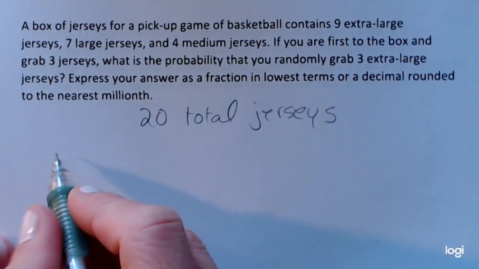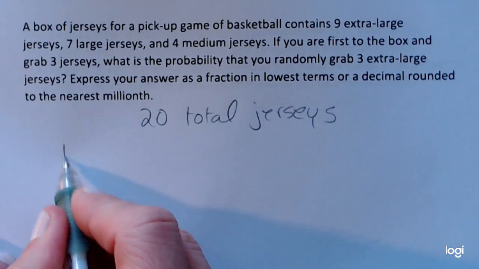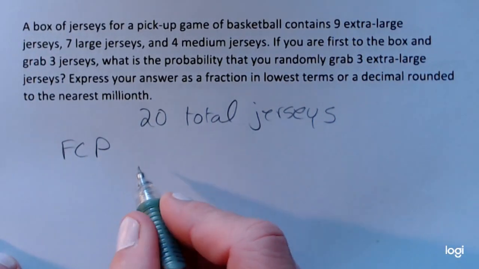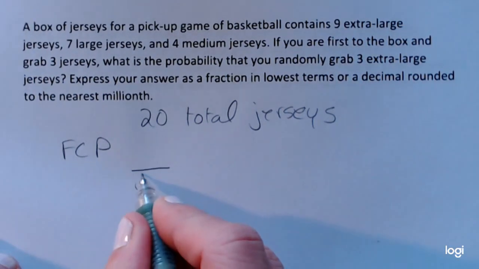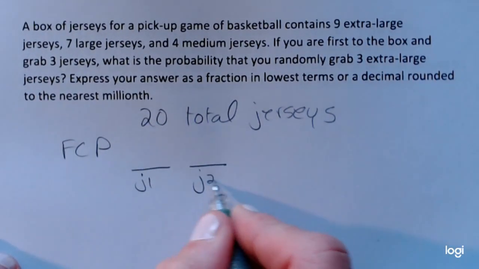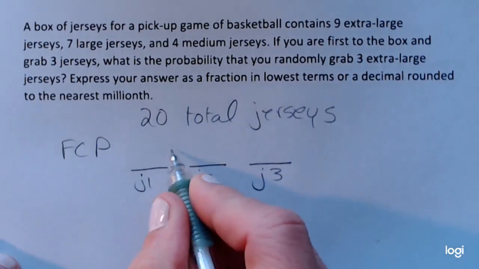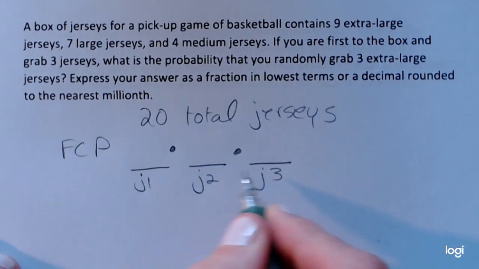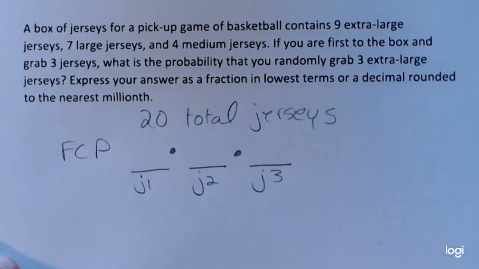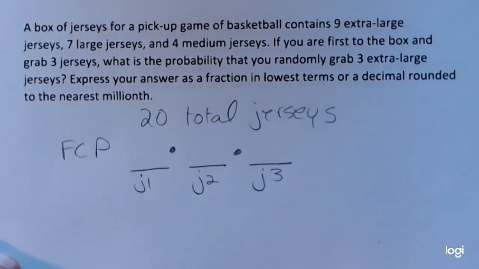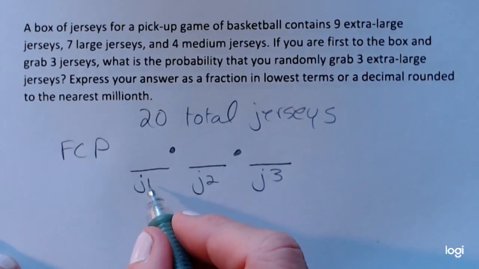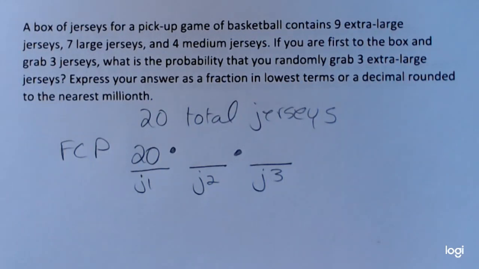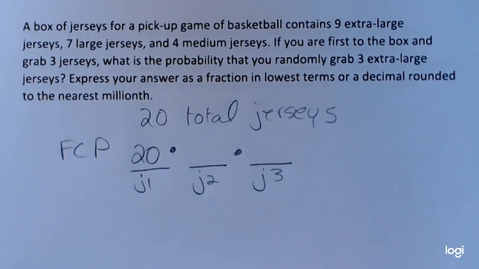20 jerseys altogether. So the denominator is just going to be how many ways we can select 3 jerseys without replacement. So I could use the fundamental counting principle, or FCP. I've got jersey 1, jersey 2, jersey 3, and we're multiplying in between how many ways each event occurs. The events here would be selecting a jersey. The first selection, we've got 20 jerseys to select, but we're not keeping the jerseys.